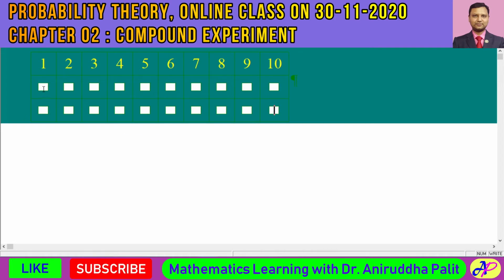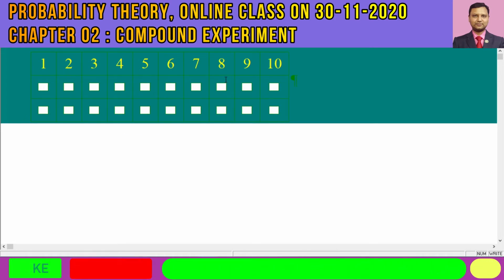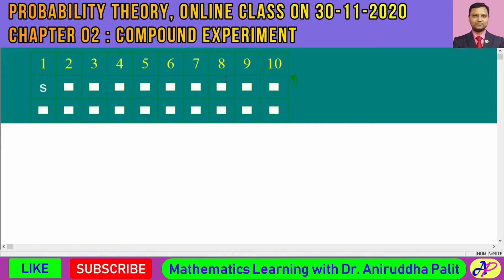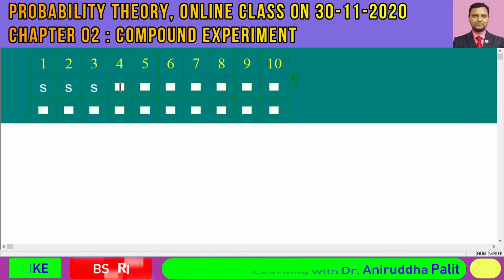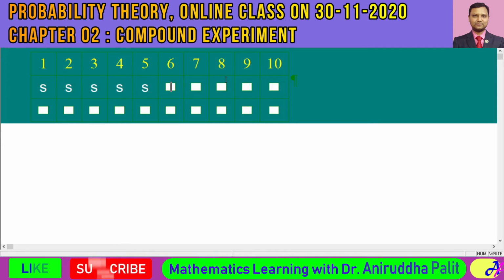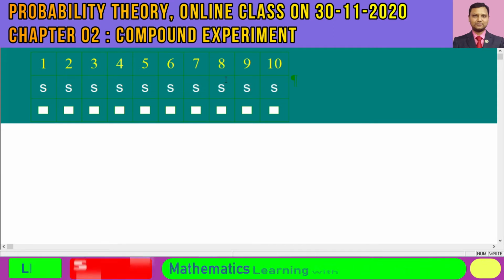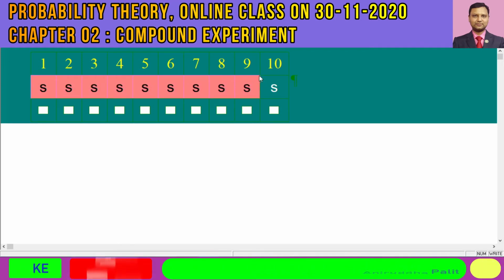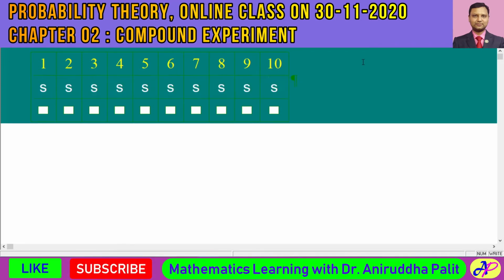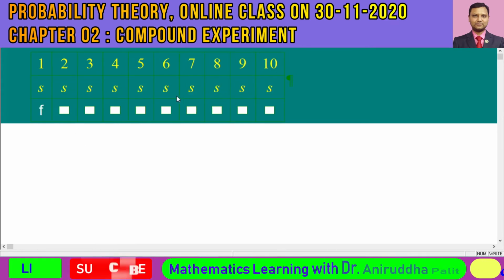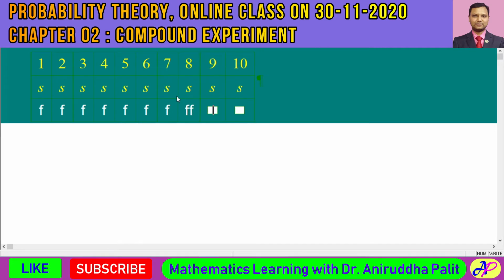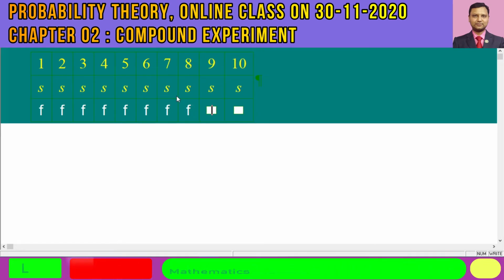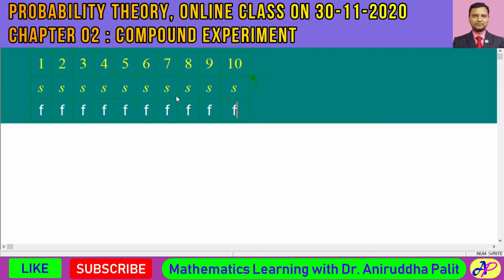If the first drawing is considered as success, let us designate it by small s. Suppose it is filled by 10 matches, so we should have 10 successes. And next, suppose this is filled by failure, so this is filled by F.